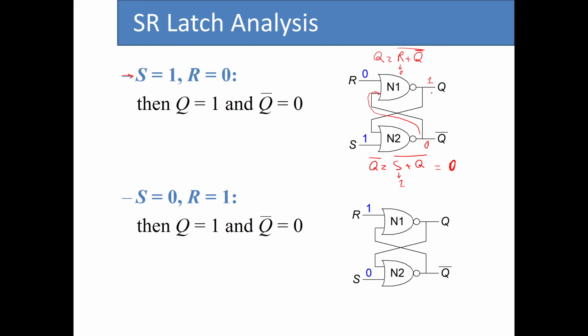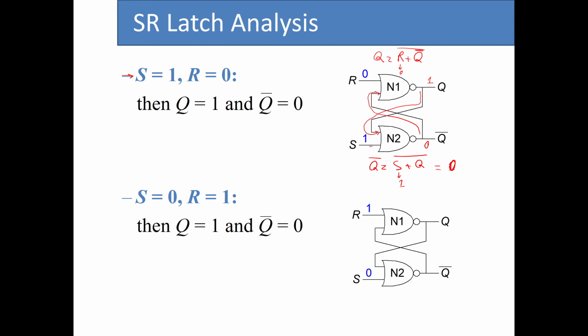So when Q is 1, let's just see if N2 stays at its previous value. When Q is 1, that means that this value 1 is going to be transferred to this input. Now we have 1 NOR 1, which results in a value of 0.